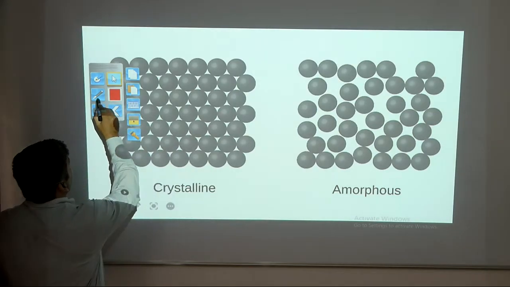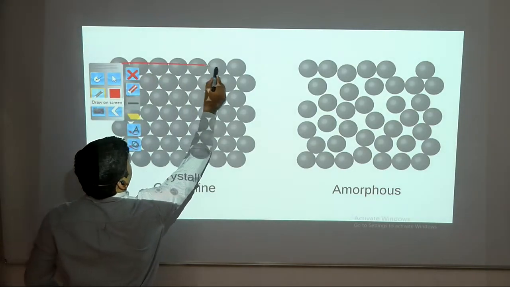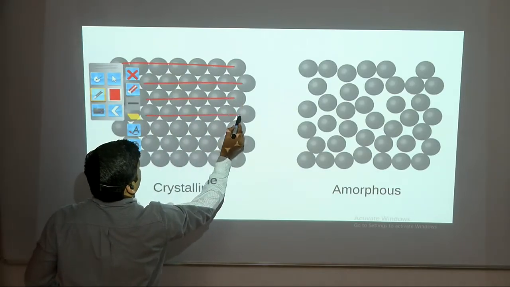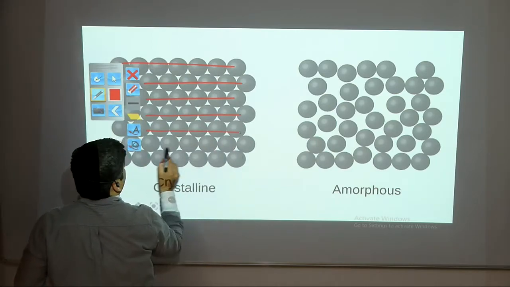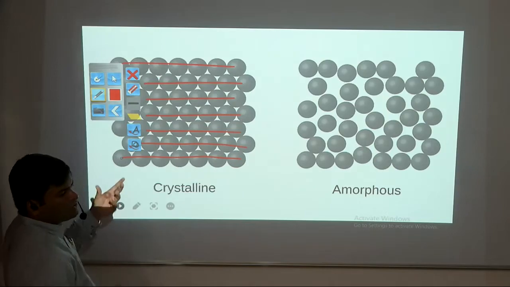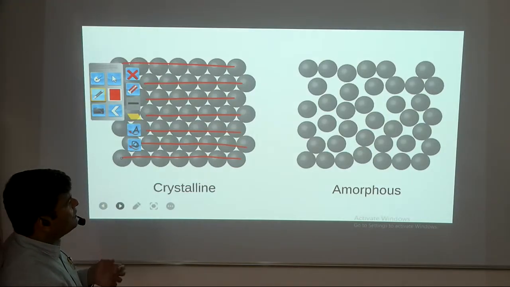Over here we can see the arrangement is very regular, throughout the volume.